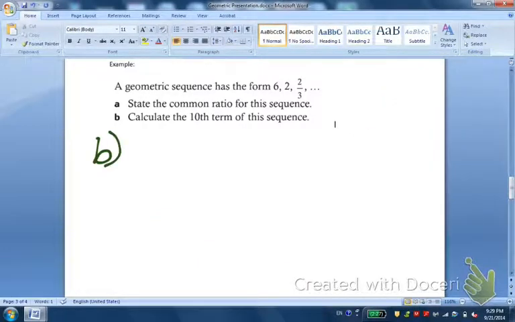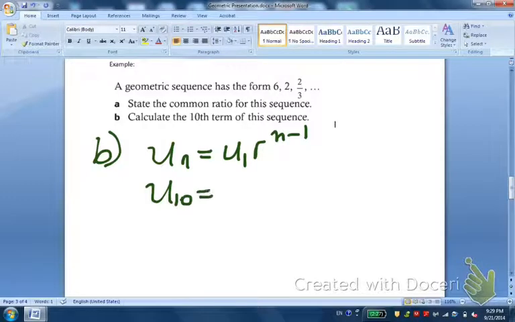For part B, it's asking for the 10th term of the sequence. So we have to use the formula u n is u1 r to the n minus 1 that we get in the formula booklet. We want the 10th term, so we want u of 10. Wherever there's an n, we put a 10. U of 1 is just 6, so we can put 6 there. R we found in part A, it's a third.